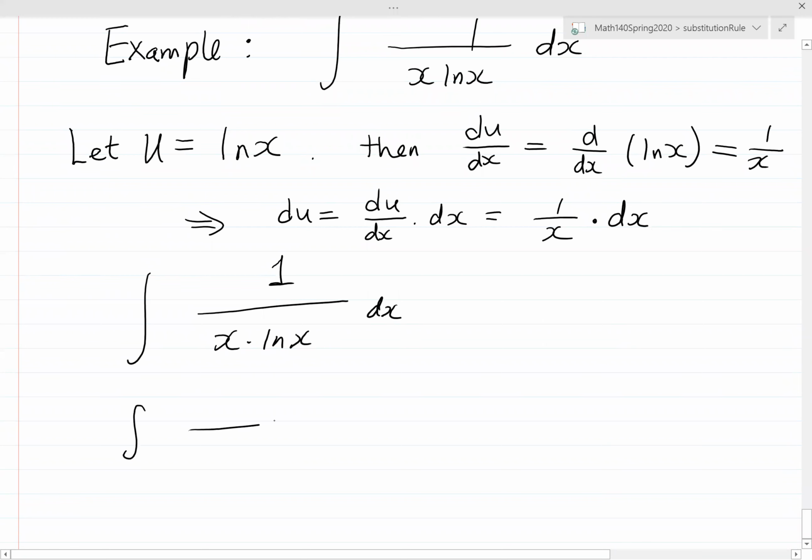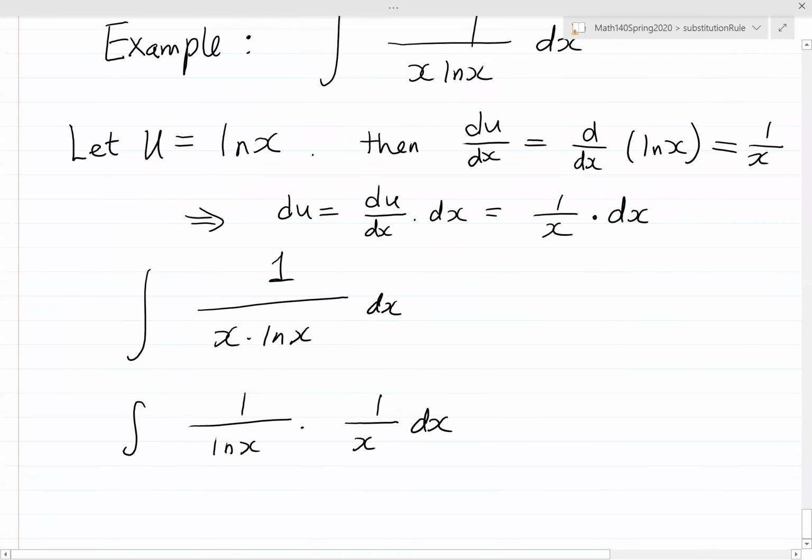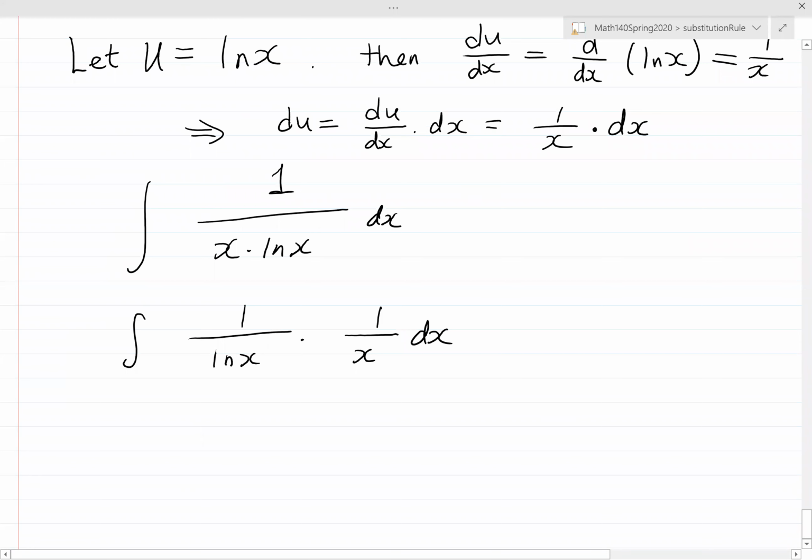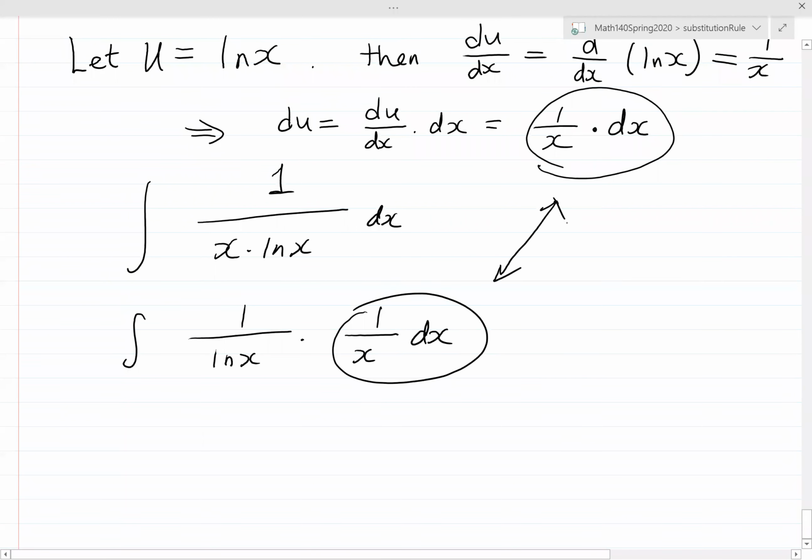If you write the integrand as 1 over ln x times 1 over x dx, then you see 1 over x dx is du. So we substitute that by du.